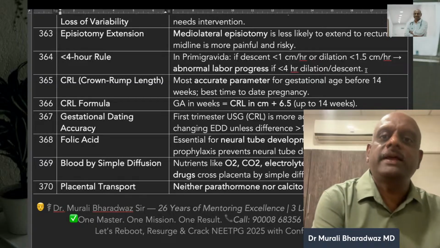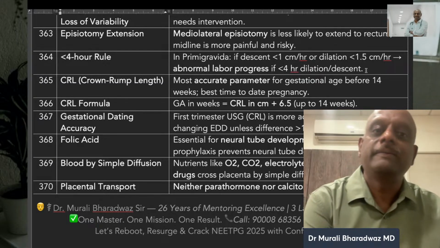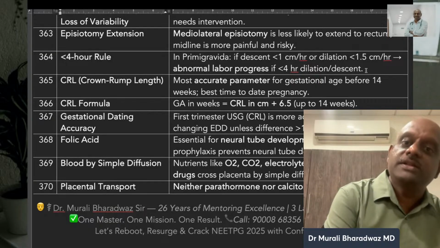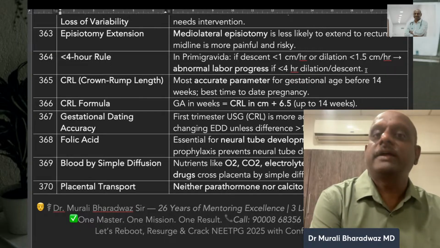If descent is less than 1 centimeter per hour or dilatation less than 1.5 centimeter per hour, the abnormal labor will progress if less than 4-hour dilatation per descent, that is called the 4-hour rule.